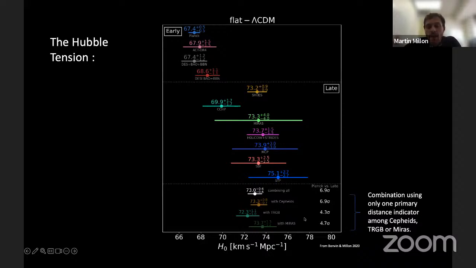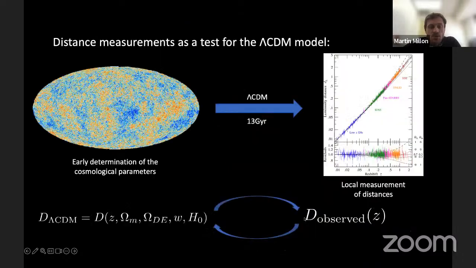6 sigma. This is an important result because the Hubble parameter is a beautiful end-to-end test of the lambda CDM. You can measure the energy content of the universe at high redshift in the CMB, and given the lambda CDM, you can extrapolate the expansion history of the universe over 13 gigayears and predict what the distance-redshift relation and the Hubble parameter should be now.